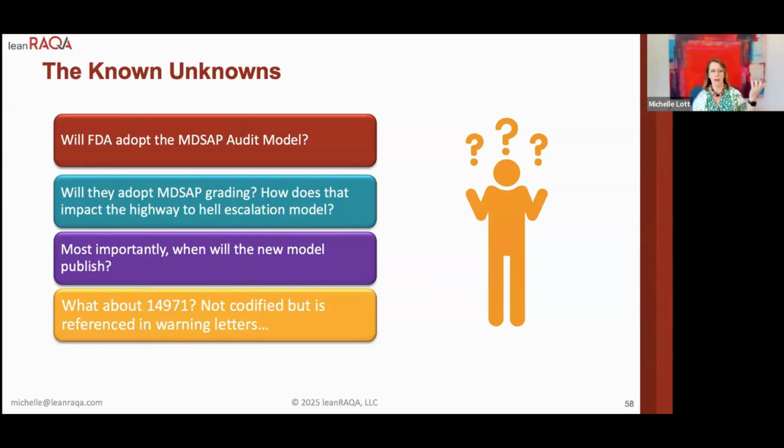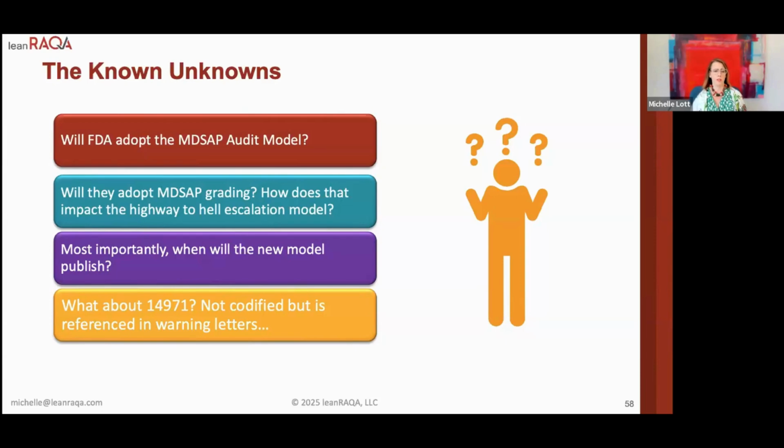Are they going to adopt the grading methodology? How is that going to impact that highway to hell 483 escalation? Are they going to even still issue 483s? Big one: when is it going to be published? Is it going to be published before or after the QMSR actually goes into effect?